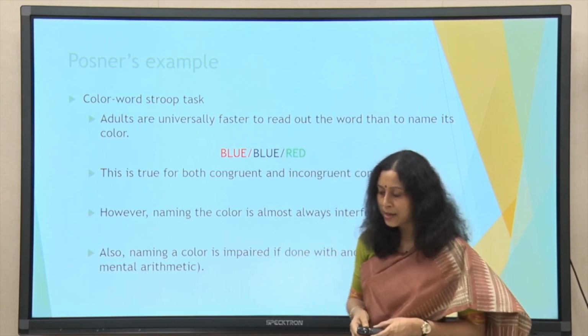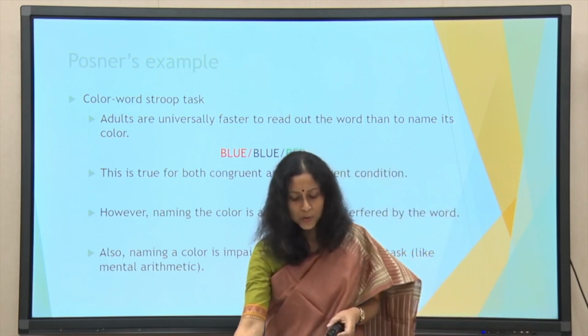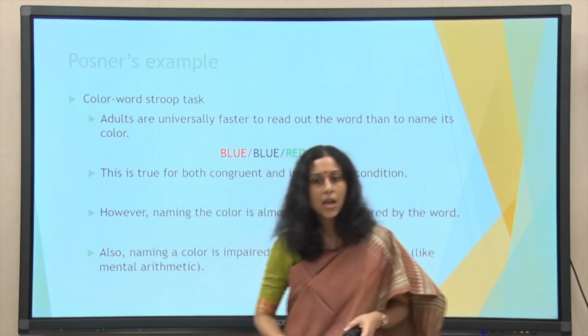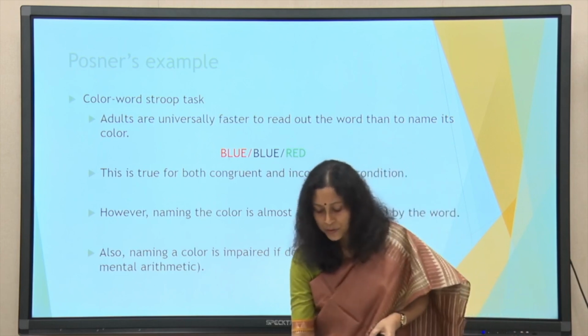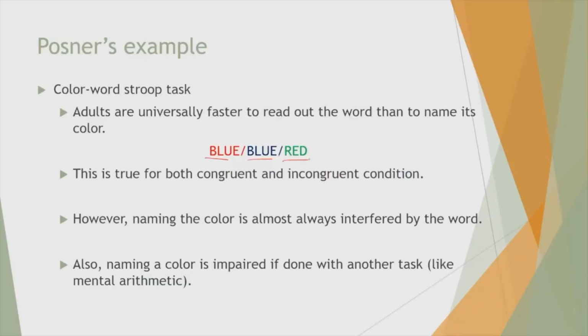Notice here that we have the word blue written in three different colors. Blue is written in red, blue is written in blue, and red is written in green. Now, all of you, as you are looking at this slide, will have no difficulty whatsoever reading the word: blue, blue and red. It does not matter in which color ink it is written.